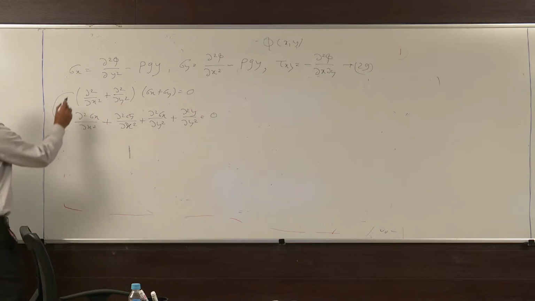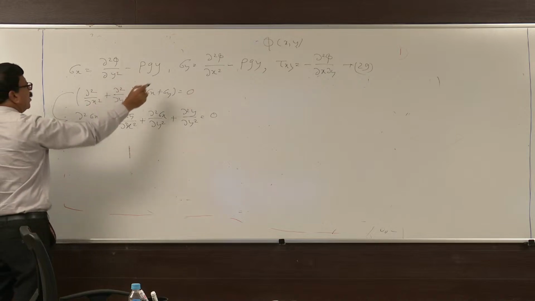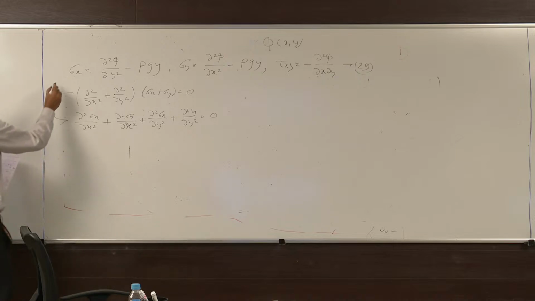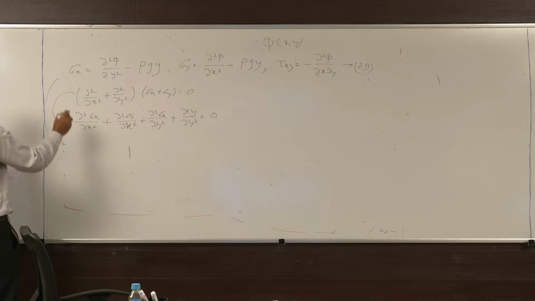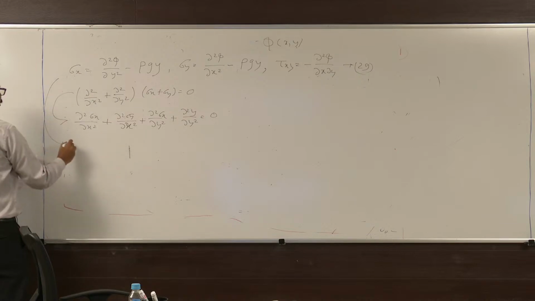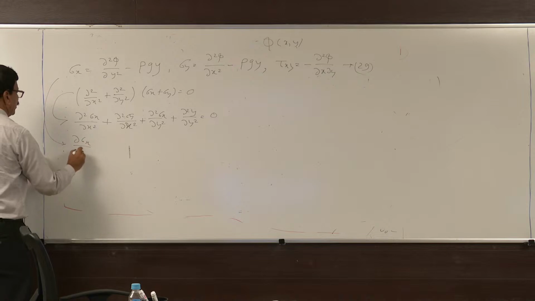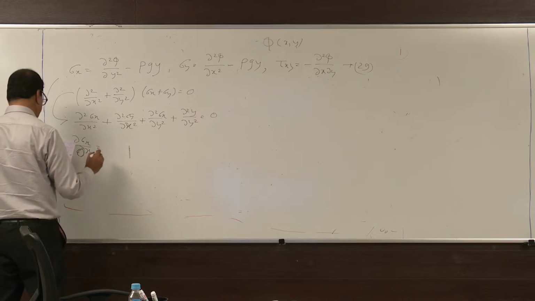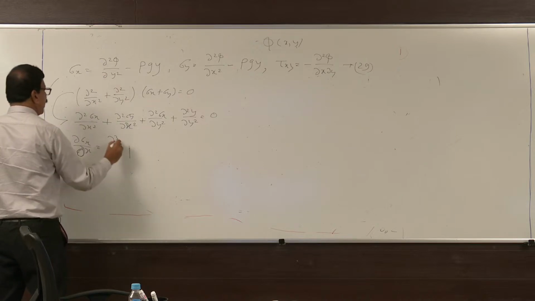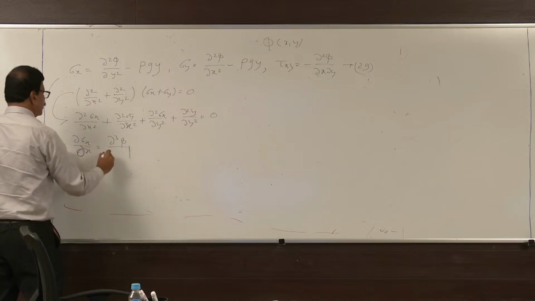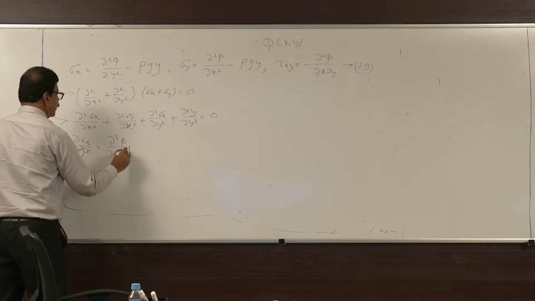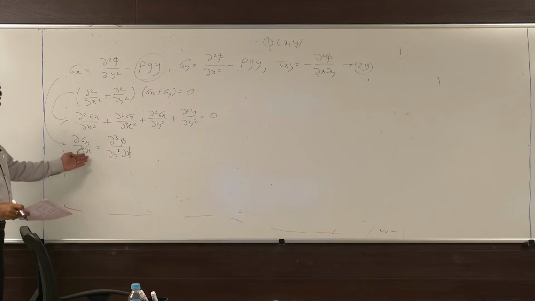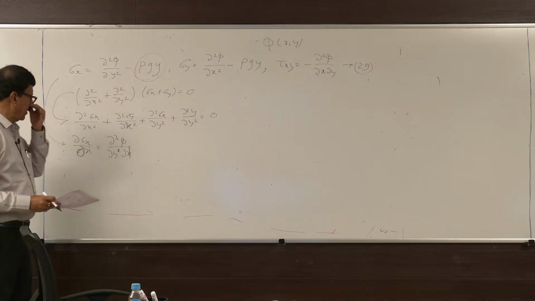Now we have to put the value of sigma x here and sigma y here. So differentiate with respect to x: del sigma x upon del x is equal to del cube phi upon del y, del x comes and this becomes 0, because differentiating with respect to x, the y terms become 0.